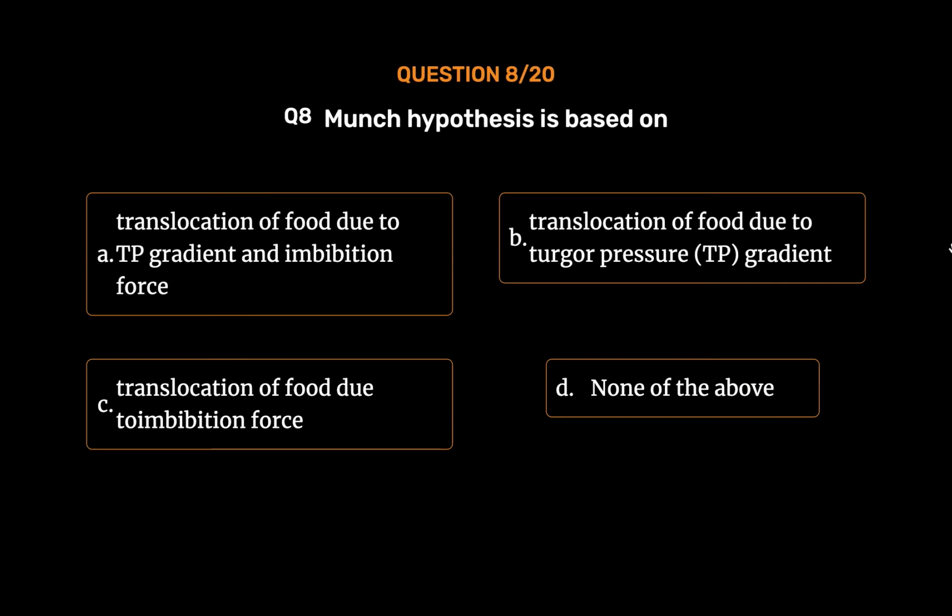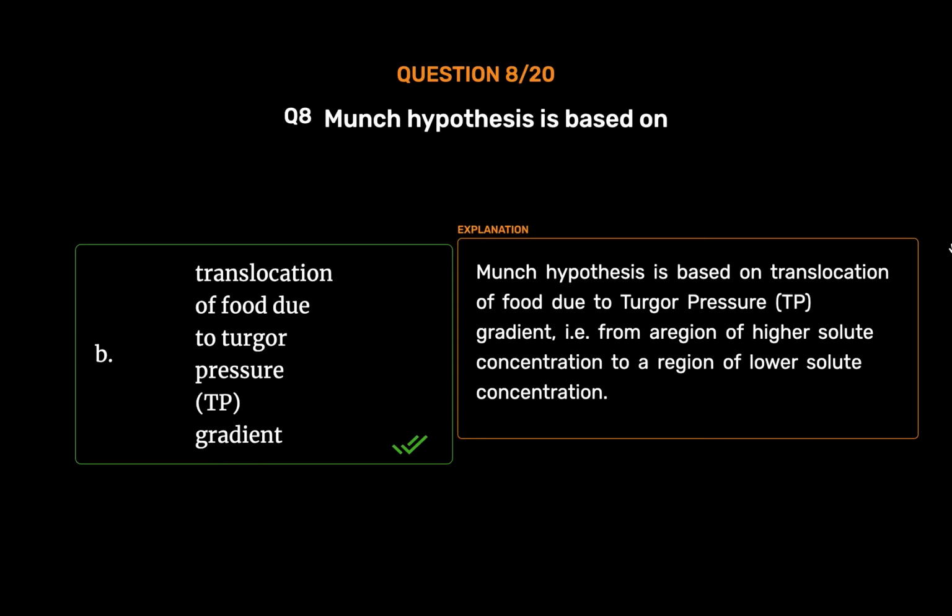The correct answer is Option B, translocation of food due to turgor pressure, TP, gradient. Munch hypothesis is based on translocation of food due to turgor pressure gradient, i.e. from a region of higher solute concentration to a region of lower solute concentration.